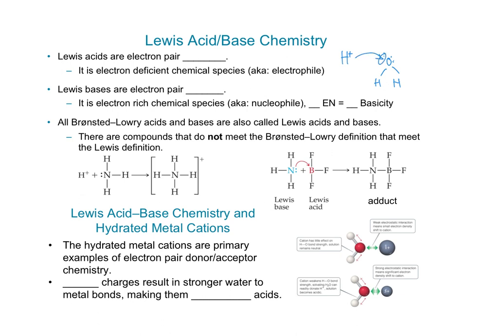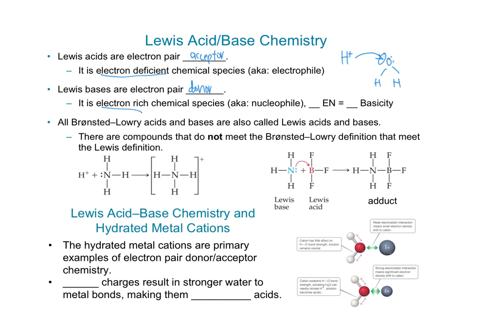So now the definition is Lewis acids are electron pair acceptors. So they need some electrons, right? They're electron deficient. And then Lewis bases are electron pair donors. They have the electrons that the acids need. And so they are electron rich. They have a lot of electrons.